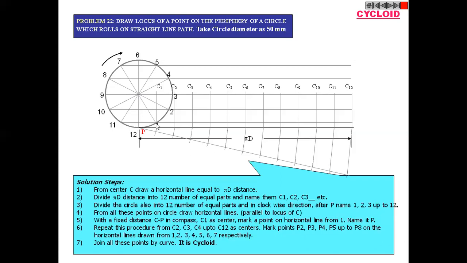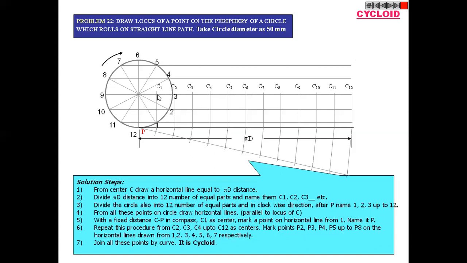In the same way, in 12 steps, we shift the center from C0 to C1, C1 to C2, C2 to C3. Then we mark the position of the moving point with respect to the current position of the center.